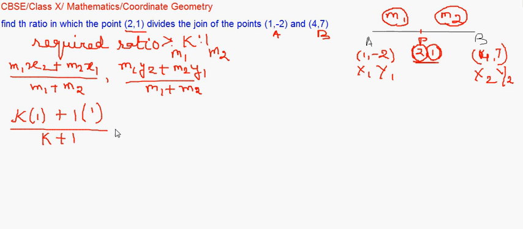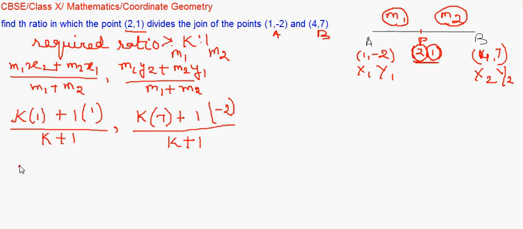On the other hand, m1 is again k with y2 given by 7, plus m2 being 1 and y1 is -2, by again k plus 1.